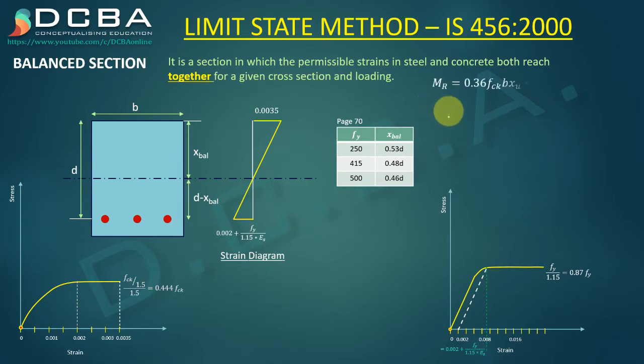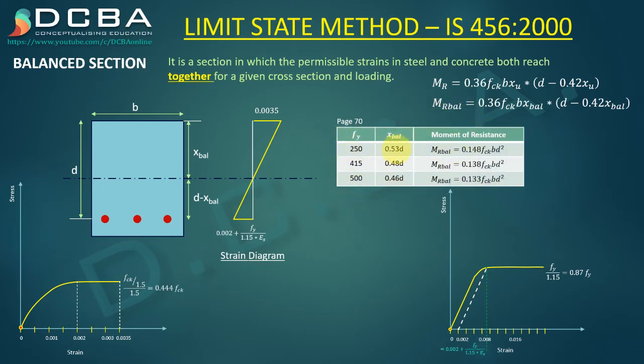Now the moment of resistance for this limit state method is 0.36 FCK B XU into D minus 0.42 XU. Instead of XU I put X balance. Since X balance is different for each grade of steel, this moment of resistance for a balanced section will be different for each grade of steel, and if you substitute these values here, this is what you are going to get.